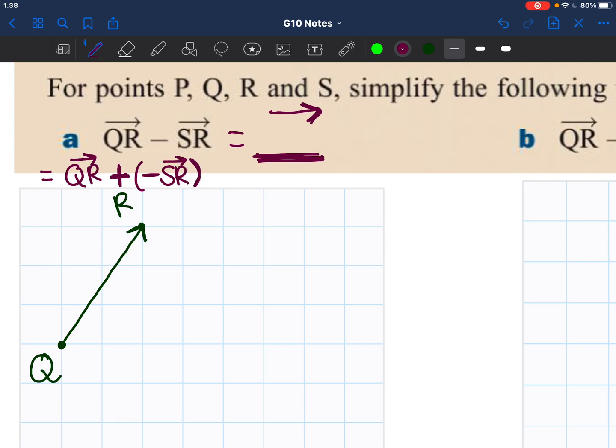So the opposite of SR is RS. We don't know the units, so it's okay if you just draw any vector, but label them. So RS.